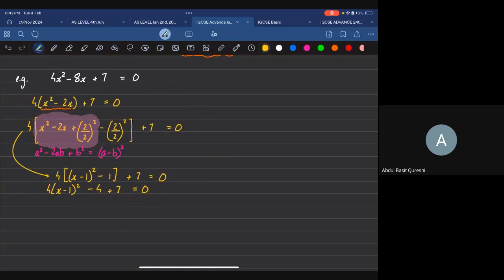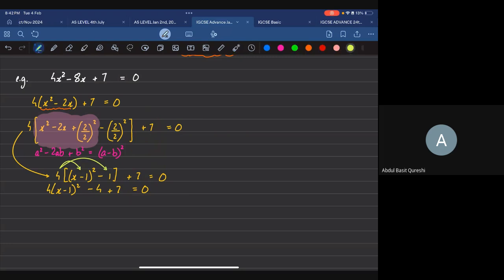Sir, why did you write minus 4? Expanded the bracket, Basit. 4 is multiplying inside the bracket. Clear? This was the larger bracket, right, Basit? Obviously, if I need to simplify with the plus 7 outside, I need to open the bracket first.